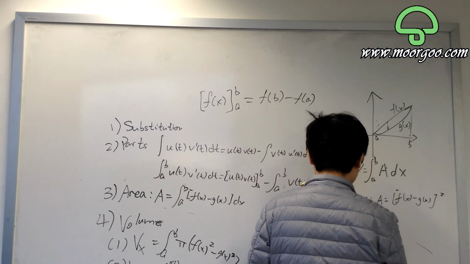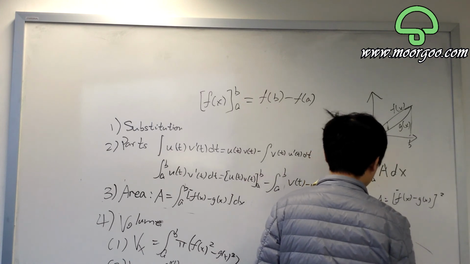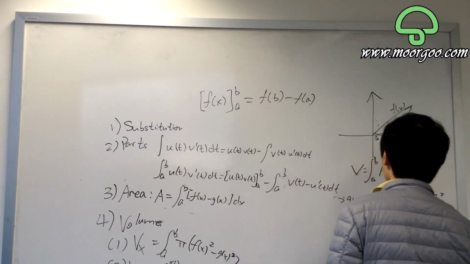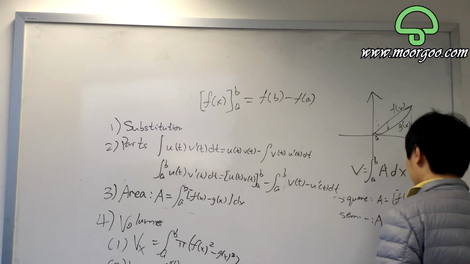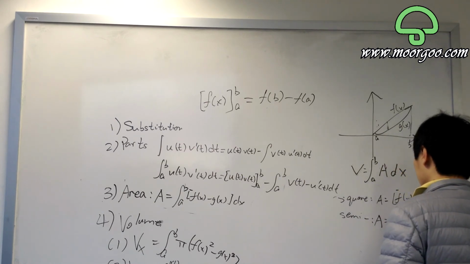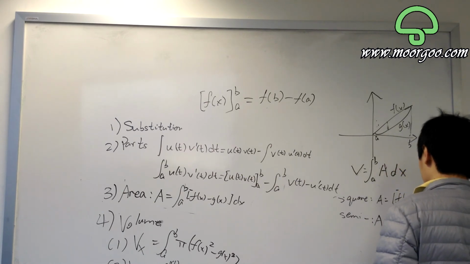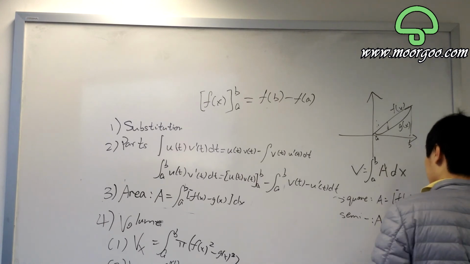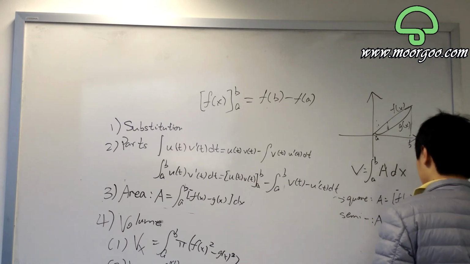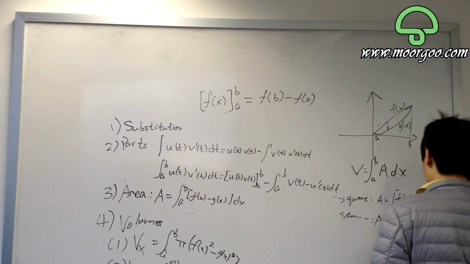If it's a semicircle, A will equal 1/8 pi times that squared.